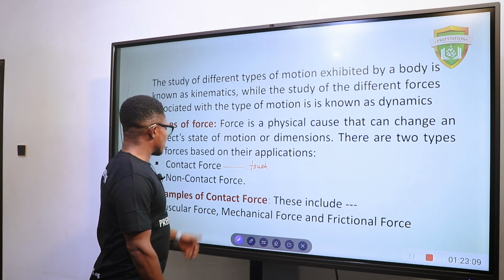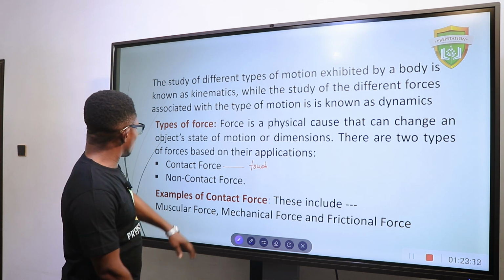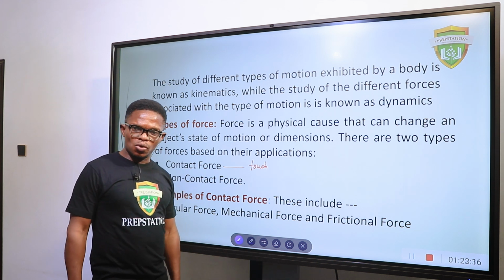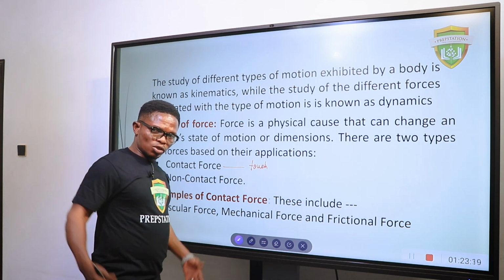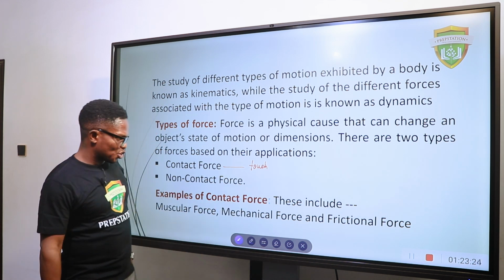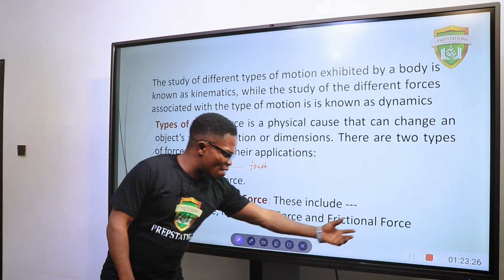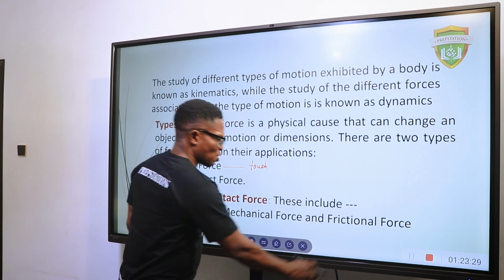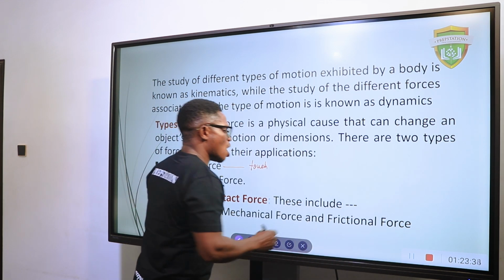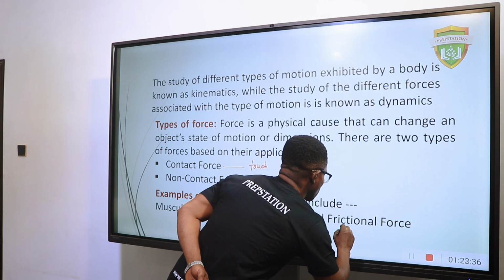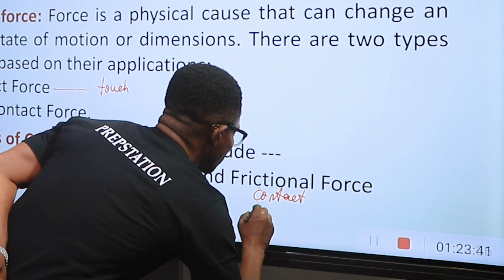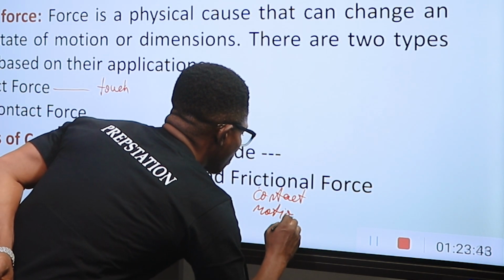Okay, so examples of contact force. These include muscular force, mechanical force, and frictional force. Of course, muscular force from our body, and then mechanical force from kinetic and potential forces. And then you have the frictional force. Frictional force will not happen if the two conditions for friction are not achieved, which are that the two objects must be in contact, and the two objects must be in motion.